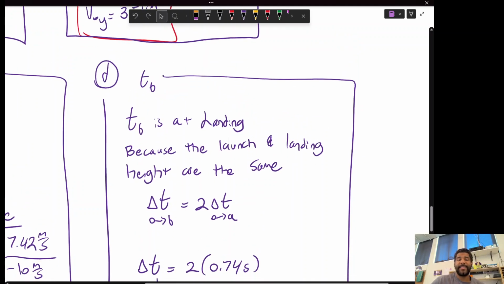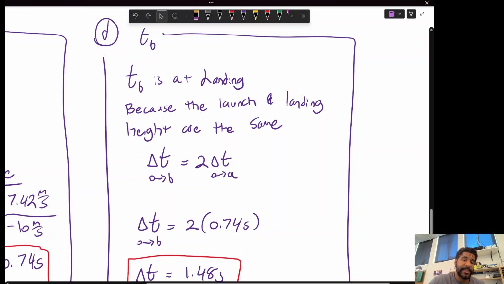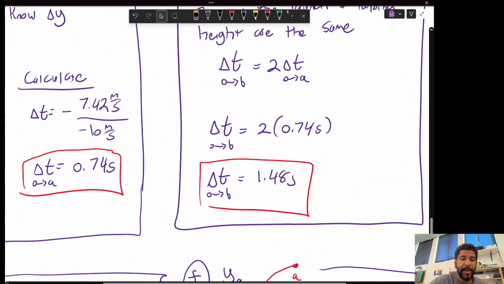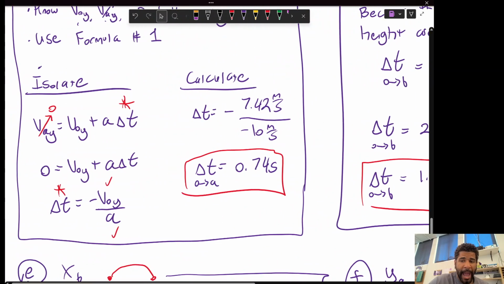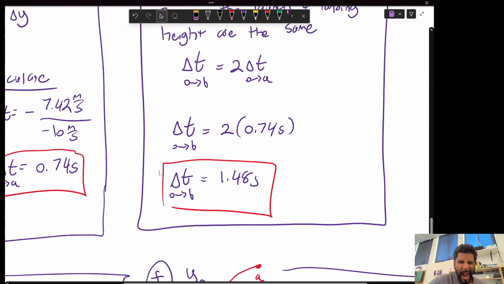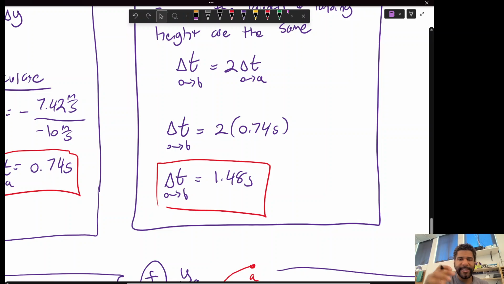And that's because they land at the same place. So I'm abusing that rule. I just multiply the time that I solved for in the other equation by 2.